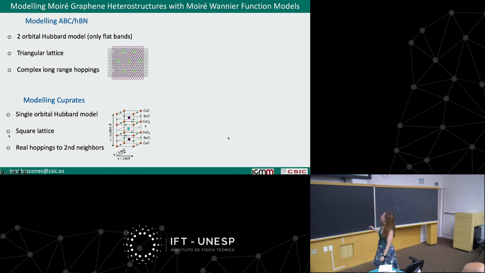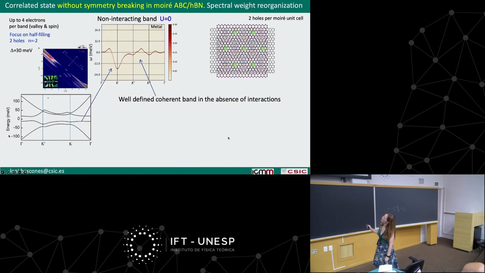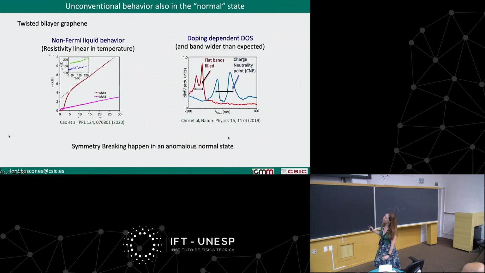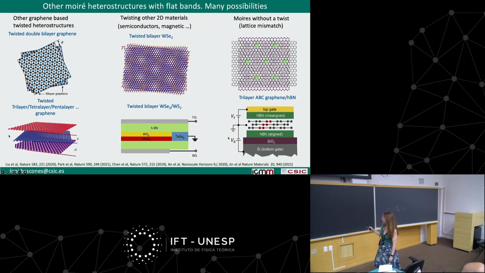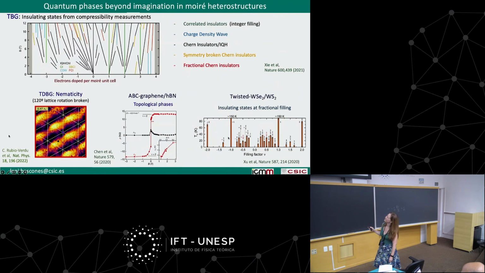For example, there is an uncontrolled sensitivity to the sample in twisted bilayer graphene. At the beginning, I told you that the first insulating states that were observed were the ones at -2 and 2 electrons per moiré unit cell. But here we have so many insulating states, and this one we don't have.